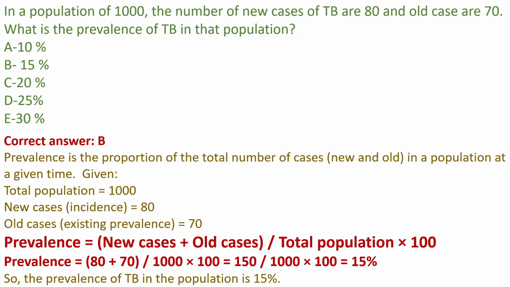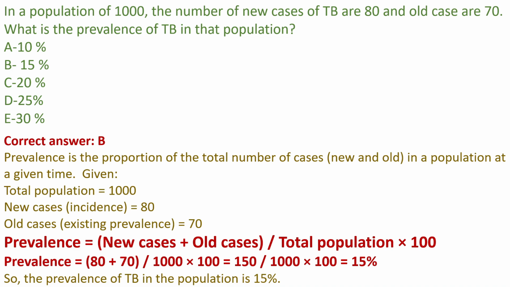Correct answer, B. Prevalence is the proportion of the total number of cases, new and old, in a population at a given time. Given: total population equals 1,000, new cases, or incidence, equals 80, old cases, existing prevalence, equals 70.